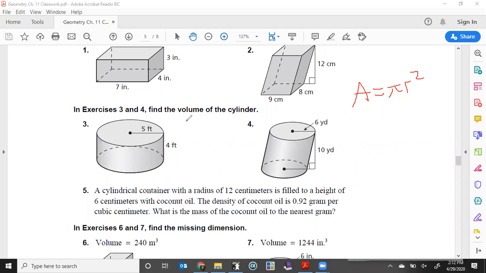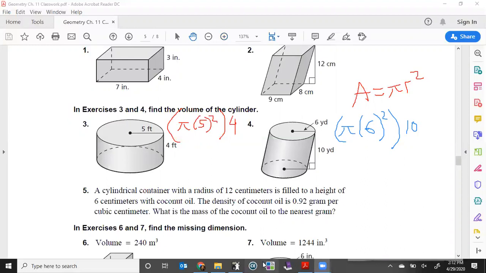So for number 3, the area of the base would be pi 5 squared, and then times the height, which would be 4. For number 4, it would be pi, the radius is 6 squared, times the height of 10.